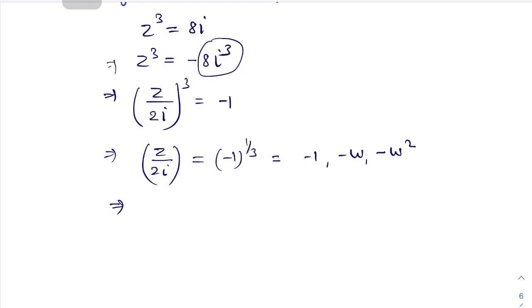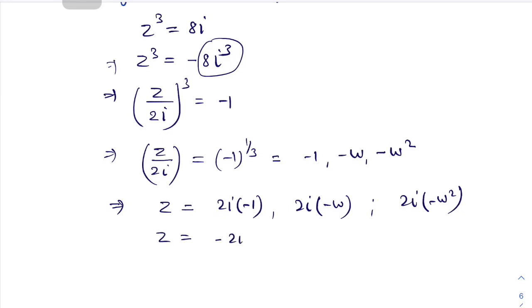If we multiply by 2 iota, we get z equal to 2 iota into minus 1, 2 iota into minus omega, and 2 iota into minus omega square. So z is equal to minus 2 iota, minus 2 iota omega, and minus 2 iota omega square.